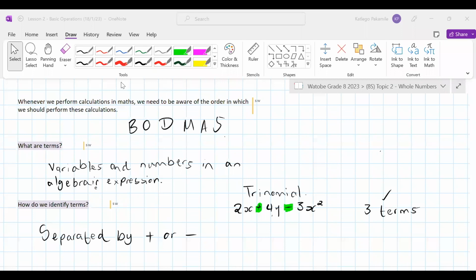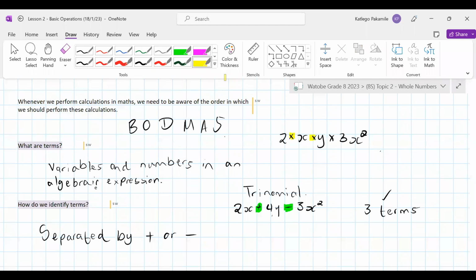Ma'am, can the variables and the expressions ever be separated by a multiplication sign or a division sign? No. So remember 2x actually means 2 times x, right? So the expressions are only divided by an addition or subtraction. So what I mean is if we have something like 2 times x times y times 3x squared, there are no pluses or minuses, right?